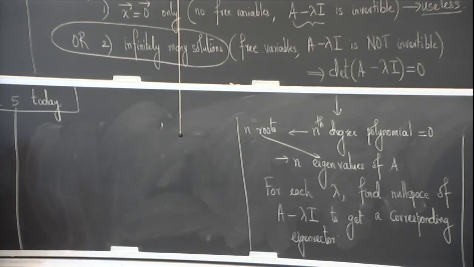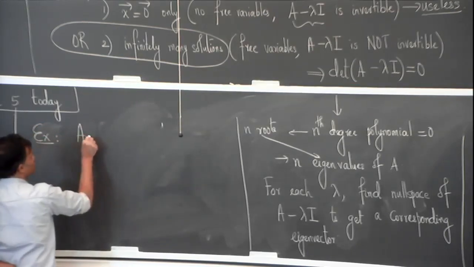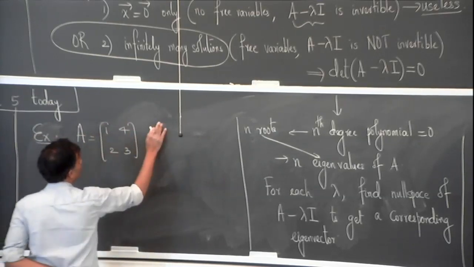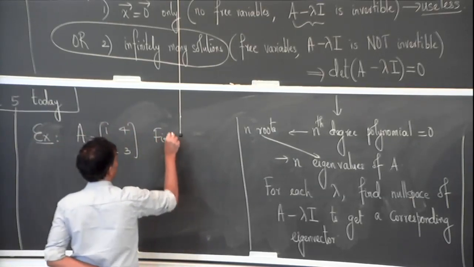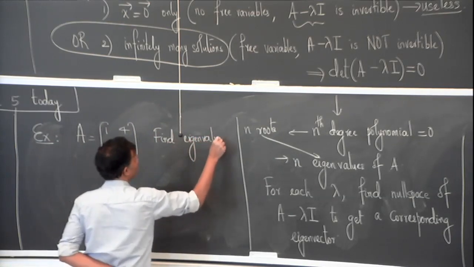All right, so let's look at the example we did yesterday as a motivational case. Okay, so let A equal to 1, 4, 2, 3. Find the eigenvalues and an eigenvector for each eigenvalue.